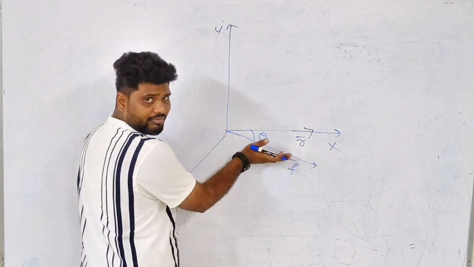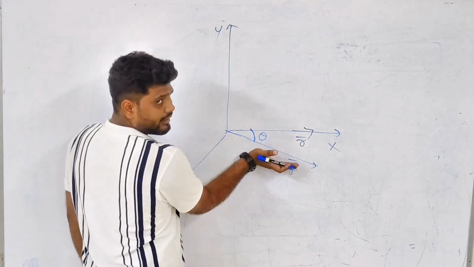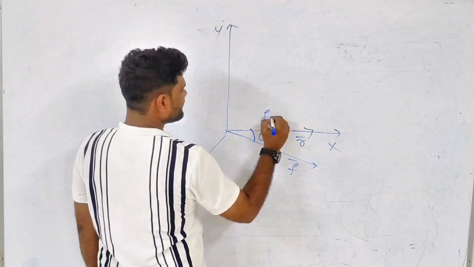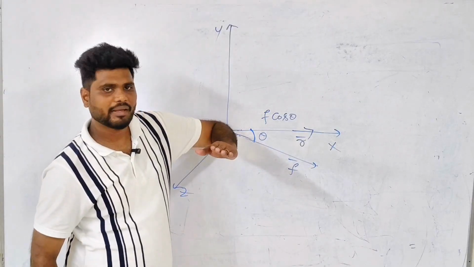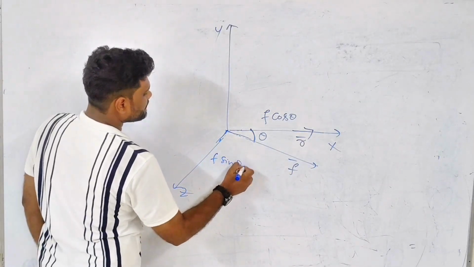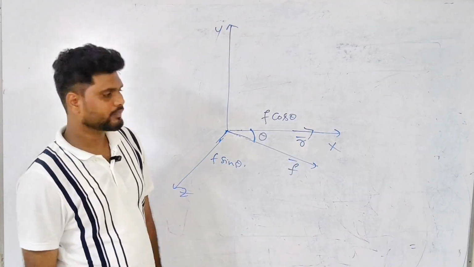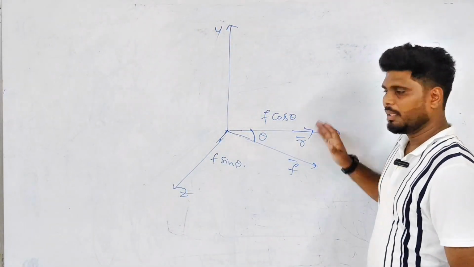This F makes the angle theta with the x-axis. When resolving, the horizontal component is F cos theta, and the component along the z-axis is F sin theta. I hope that is clear. F cos theta is applied horizontally.